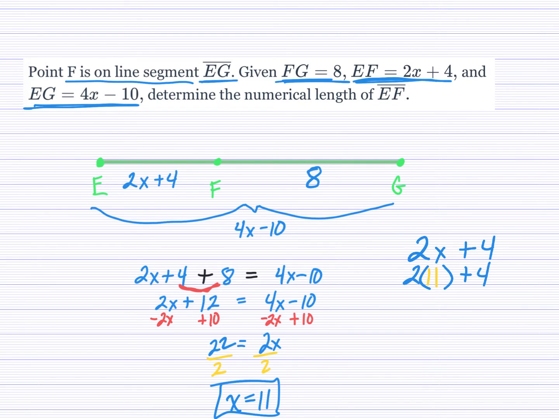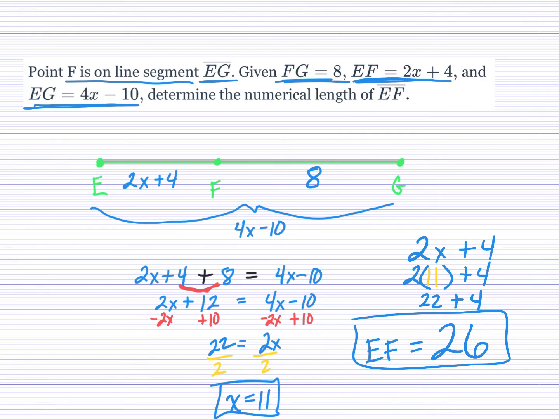So when we're asked to find this side, we end up finding that this becomes 22 plus 4, a measure of 26. So segment EF equals 26.